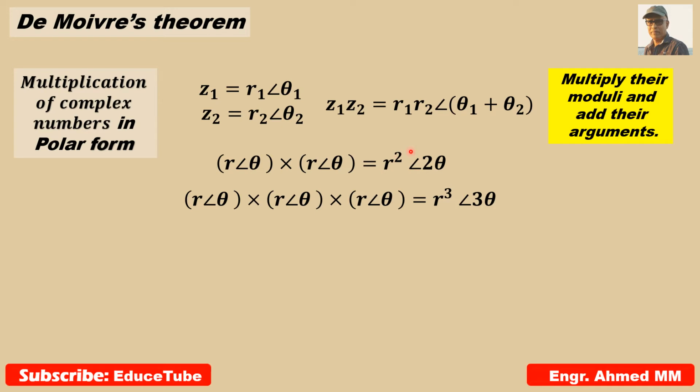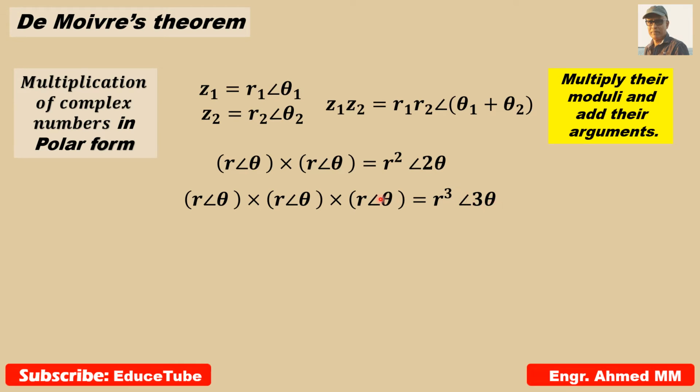r squared, because it is the same as multiplication of complex numbers, and it will be 2 theta, because we add their arguments. In case of three numbers, as per this it will be r cubed and here it will be 3 theta.